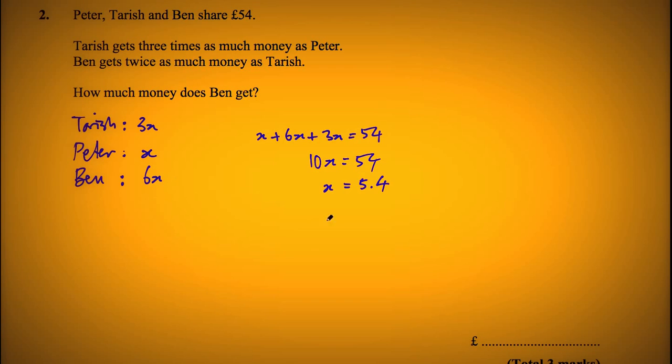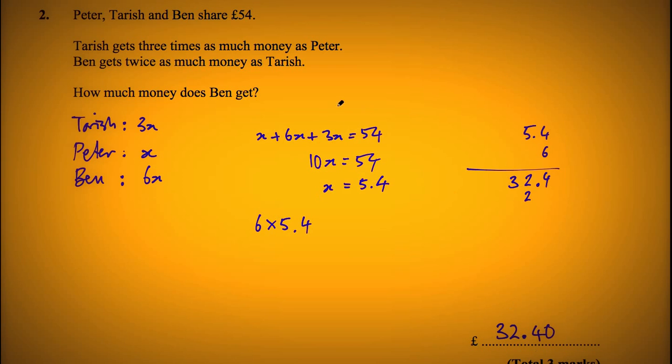And Ben gets 6 lots of that, so Ben gets 6 times 5.4. Using column multiplication, 4 times 6 is 24, 5 times 6 is 30. So Ben gets £32.40.